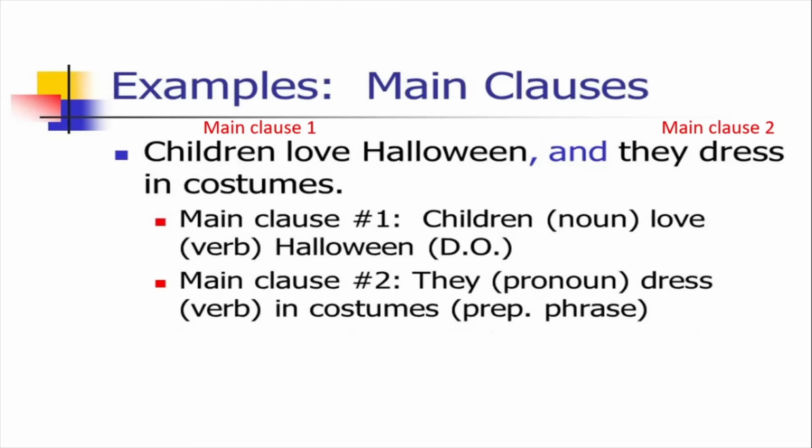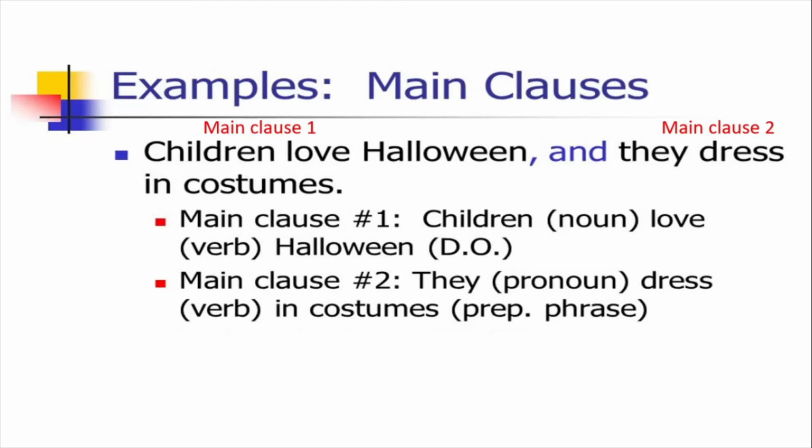That is, children is a subject in one and the pronoun they is a subject in the second. In the first one, love is the verb, and in the second one, dress is the verb.